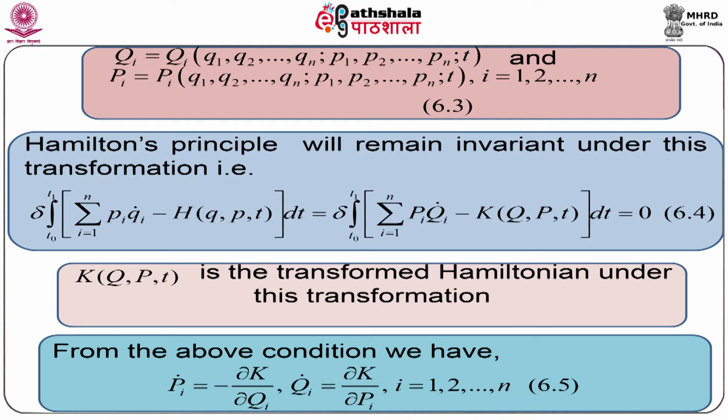Capital K is the transformed Hamiltonian under the transformation 6.3.